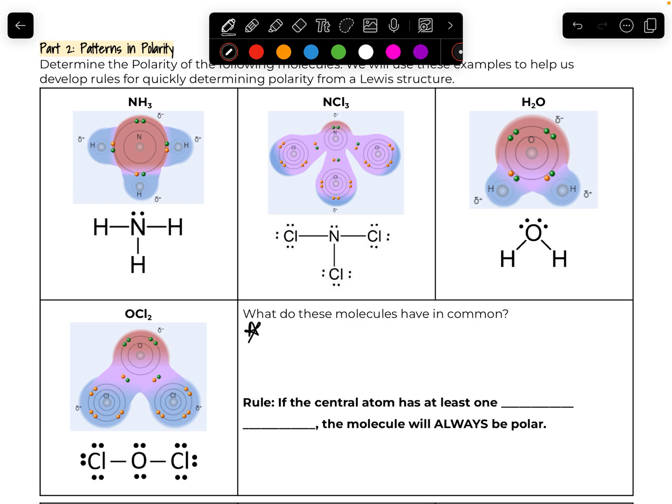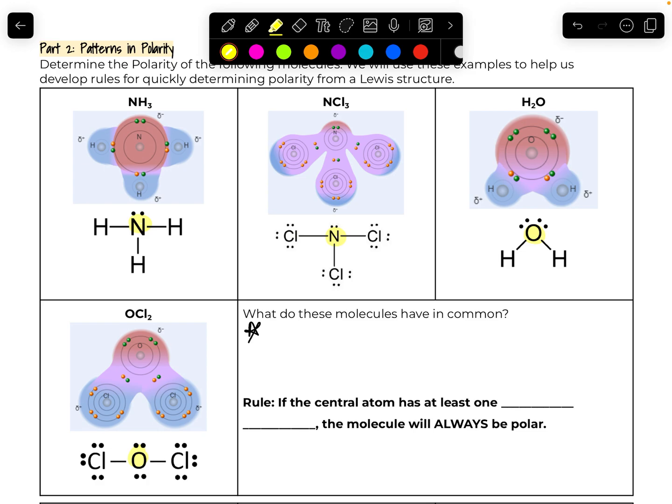Okay, I'm definitely going to assume that all of you were such great students, and you definitely paused the video and did this for me. Thank you. Okay, so what do these molecules have in common? There's a couple things that you could have picked out. One of the most important things that you should have picked out, though, is that if you take a look at that central atom in the middle, every single one of those atoms has at least 1 lone pair on it.